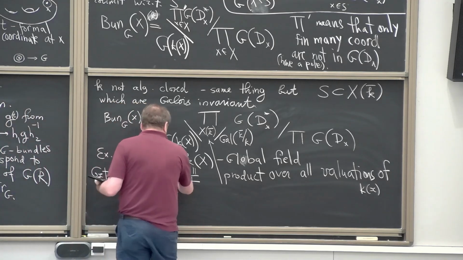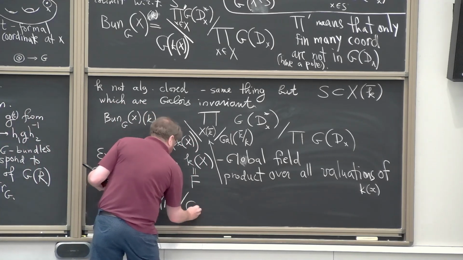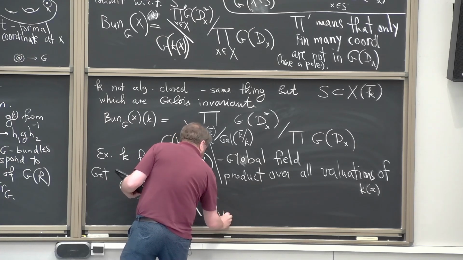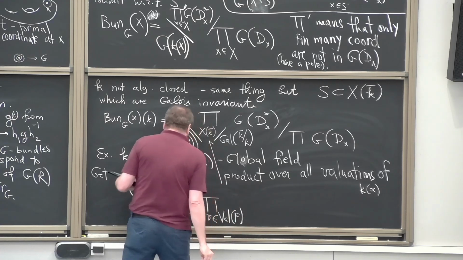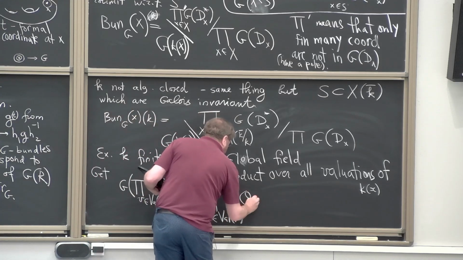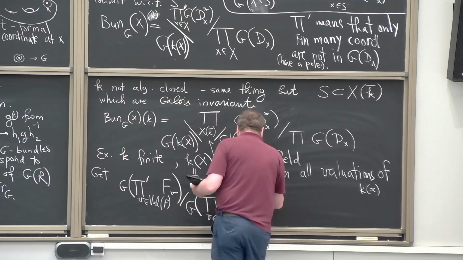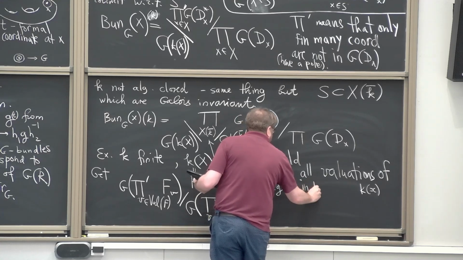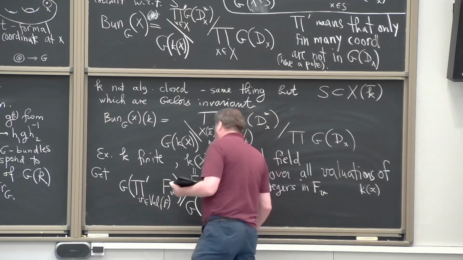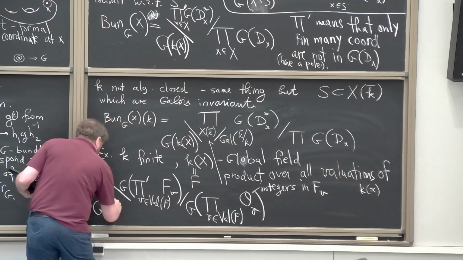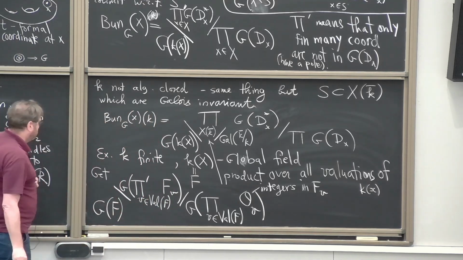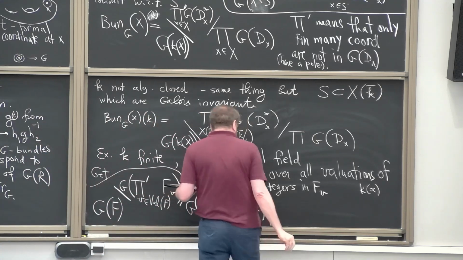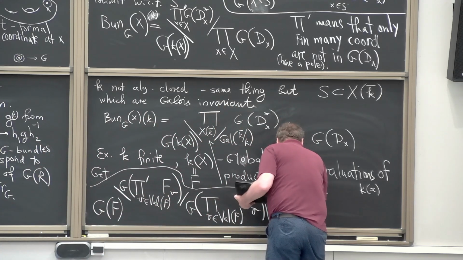And so we take G over the product, modulo G over the product over V in valuations of F of O_V, the integers in F_V. And then here we take G of F. So that's the presentation that we've got, and this is what goes under the name of arithmetic quotient.